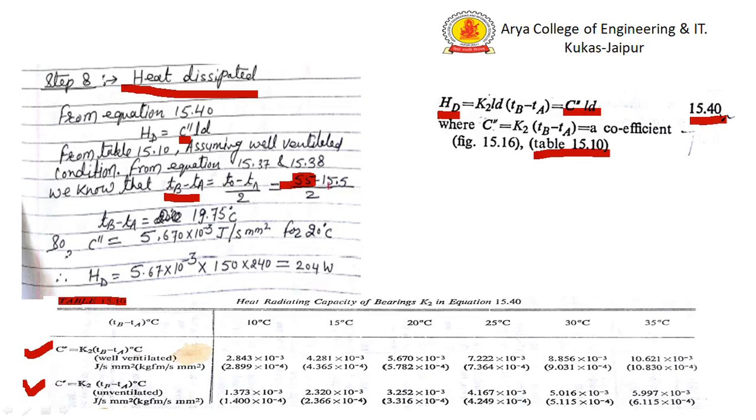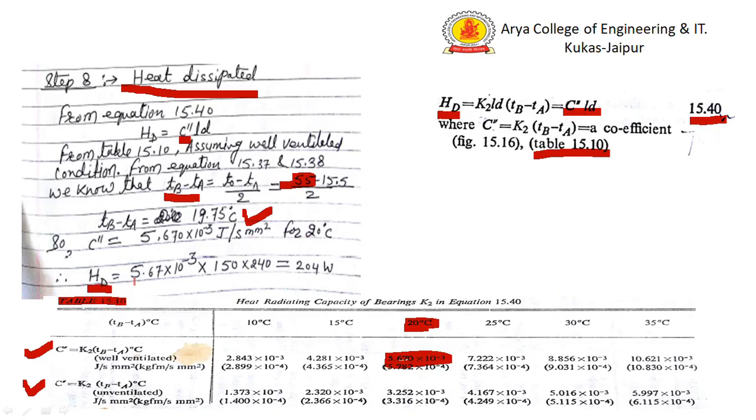We can take 15.1. So this value comes to 19.75. We can take C double dash from this table for 20 degrees centigrade, so this value is 5.670. Put this value in the equation.